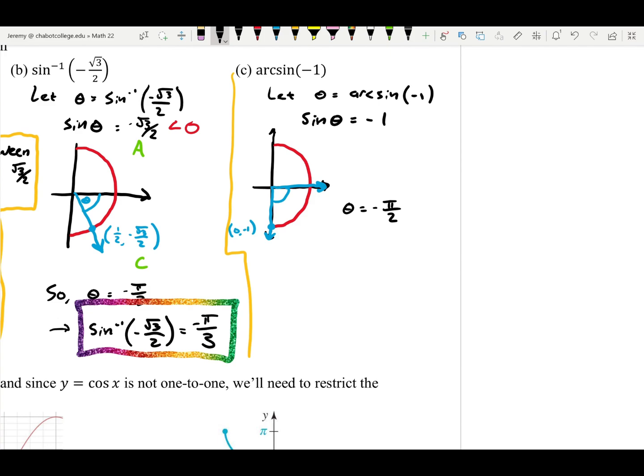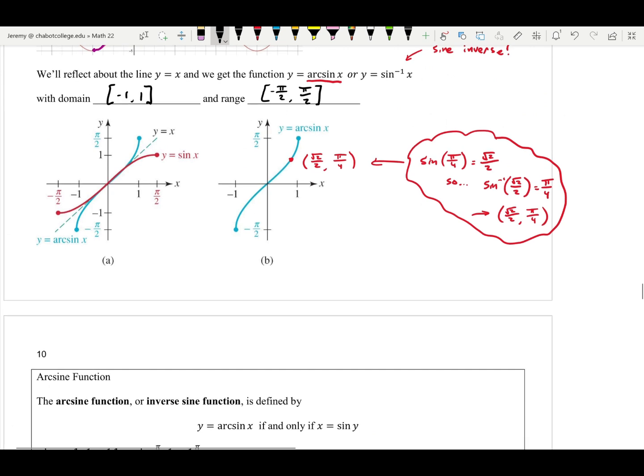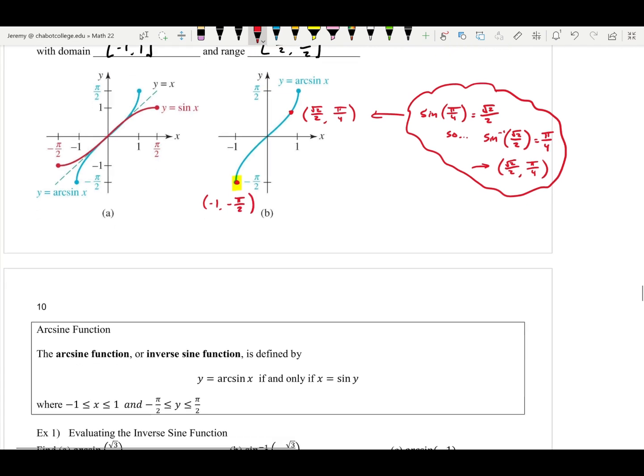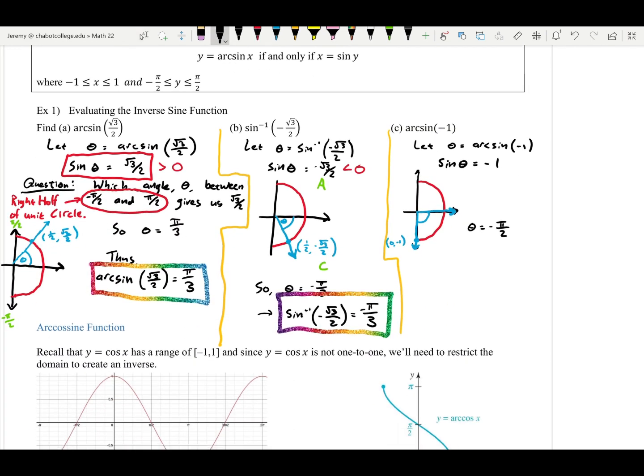Okay, so it's actually on the far end. So if we're looking at the graphs of these two functions, we are over here. Just looking at the graph of arc sine of x, that's the ordered pair negative 1, negative pi over 2. So we ended up with that point in this problem. So theta is equal to negative pi over 2.